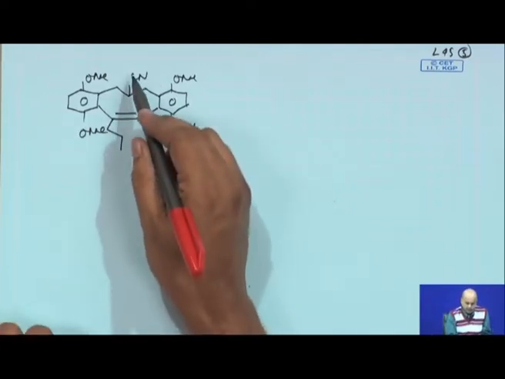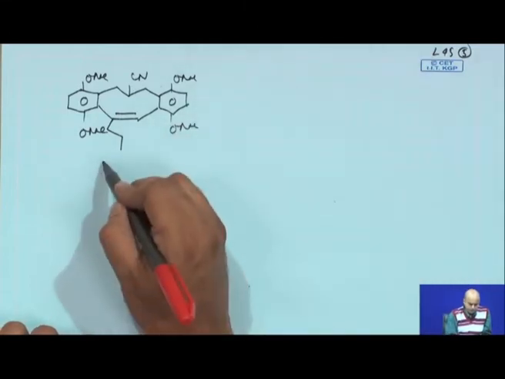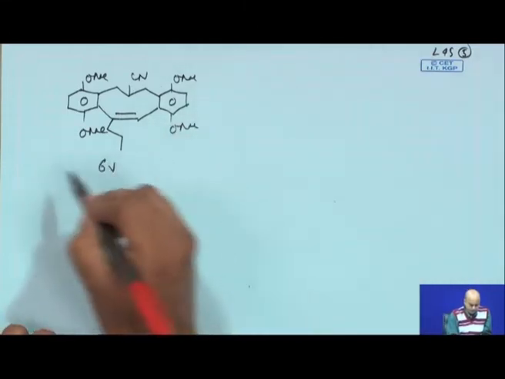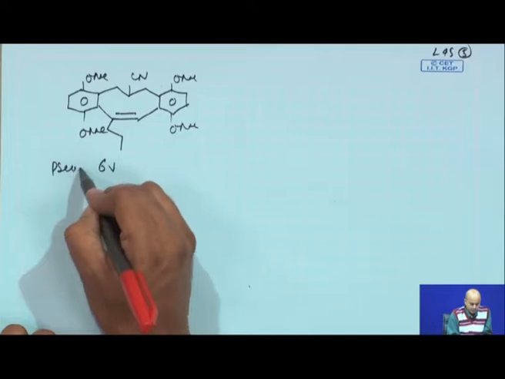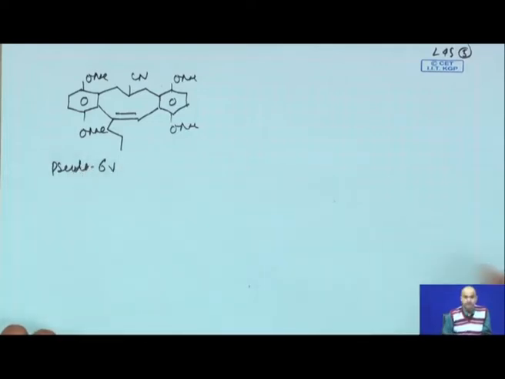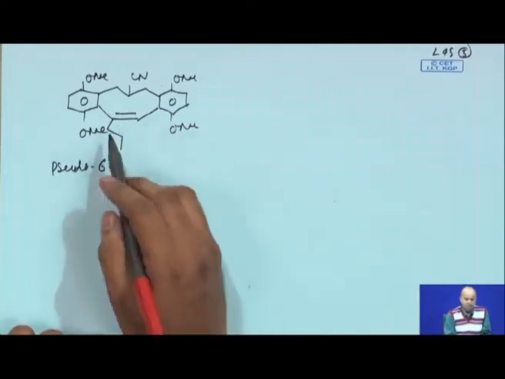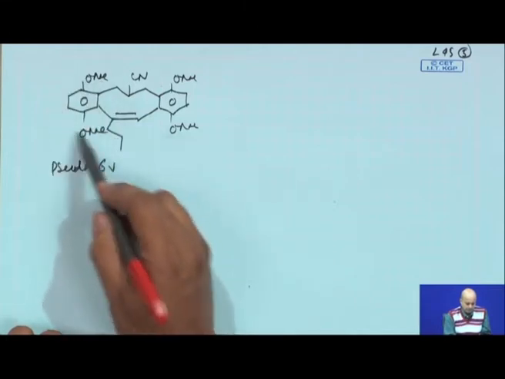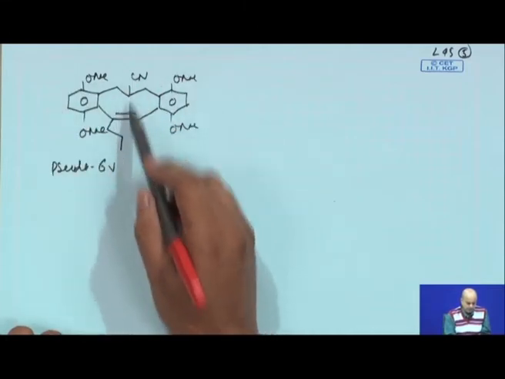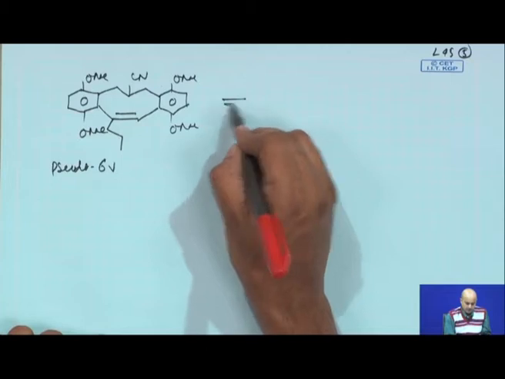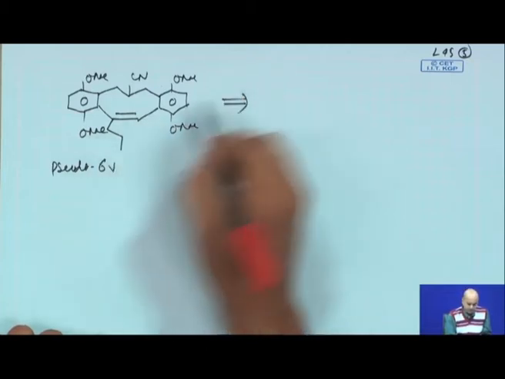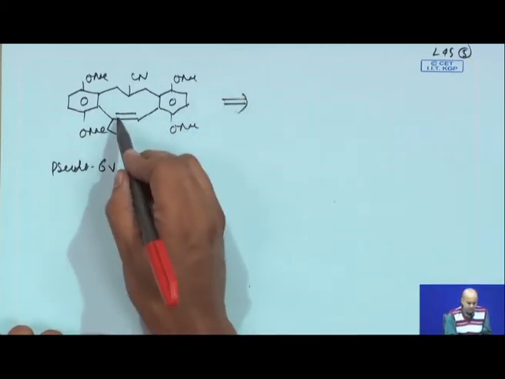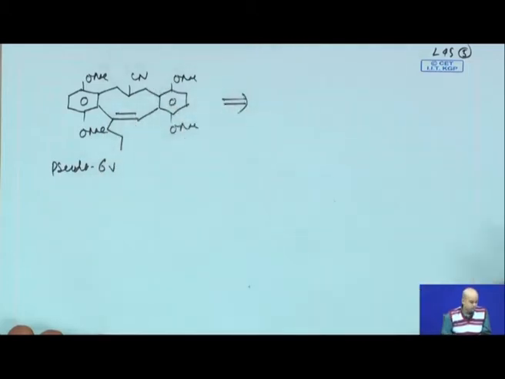Now, the earlier intermediate is having pseudo sigma V, this is also having pseudo sigma V. So, basically symmetry was kind of maintained, and now this molecule is having this part local symmetrical, this part pseudo symmetrical. This is basically a normal FGI. If you just reduce this double bond, you come to the earlier intermediate.